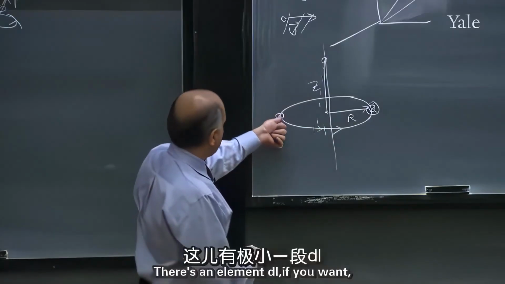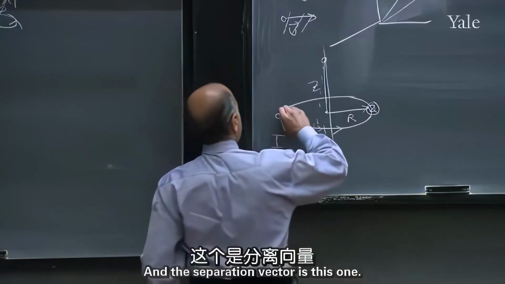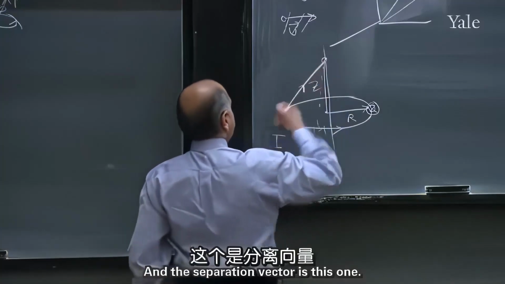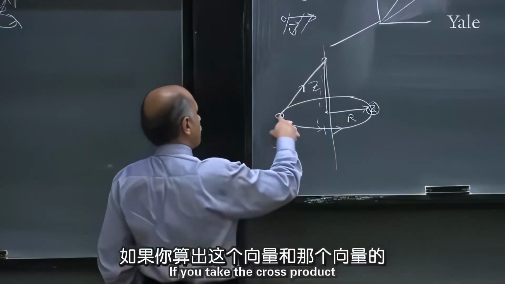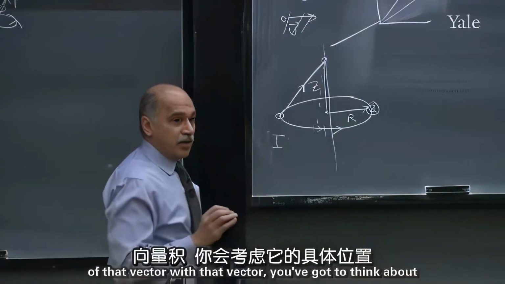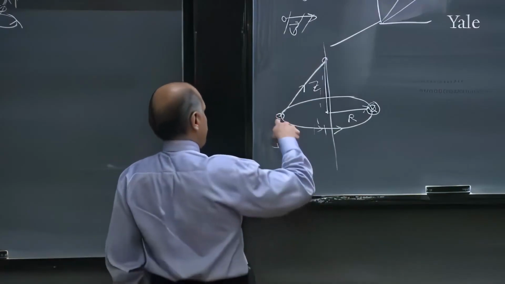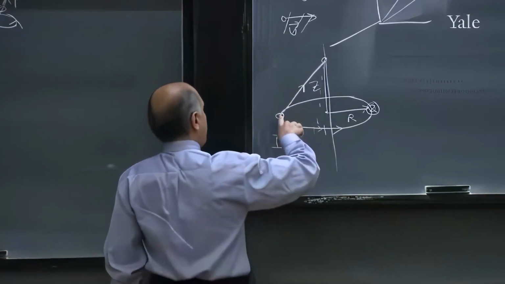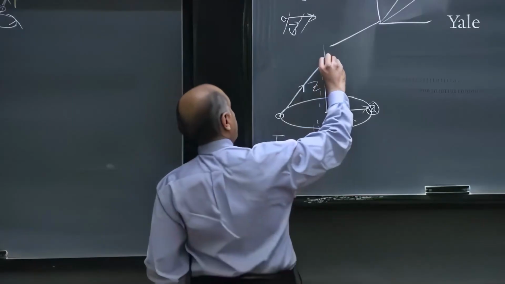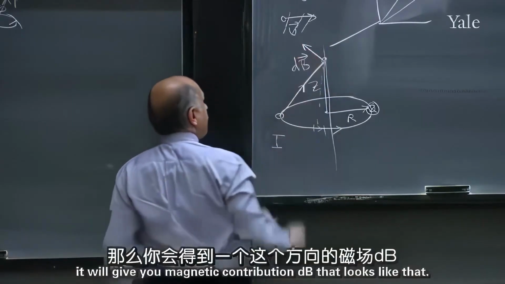There's an element dl, if you want, coming out of the blackboard here. And the separation vector is this one. If you take the cross product of that vector with that vector, you've got to think about where it will be. It's got to be perpendicular to this vector, therefore in the plane of the blackboard, and it's got to be perpendicular to this vector, and if you do your signs right, it'll give you a magnetic contribution, dB, that looks like that.